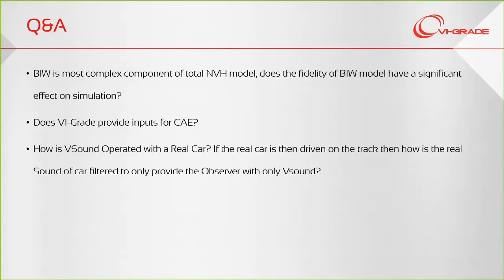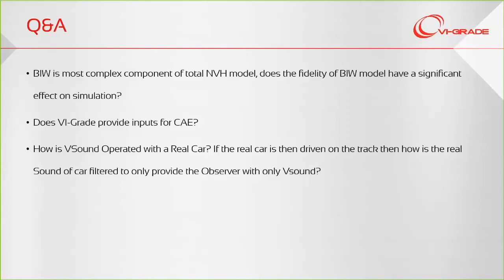All right. Question number 3. How is Vsound operated with a real car? If the real car is being driven on the track, then how is the real sound of the car filtered to only provide the observer with only Vsound? That's a really great question. So Vsound ties into the CAN bus, so it knows what the car is doing.